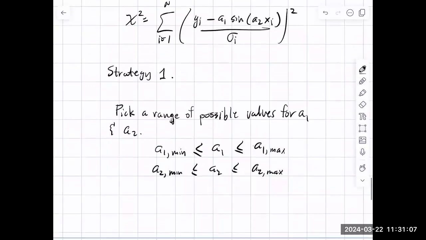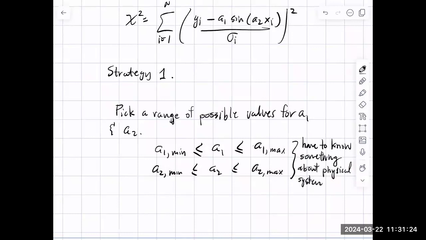So we have to know something about our physical system to select reasonable ranges for the parameters.